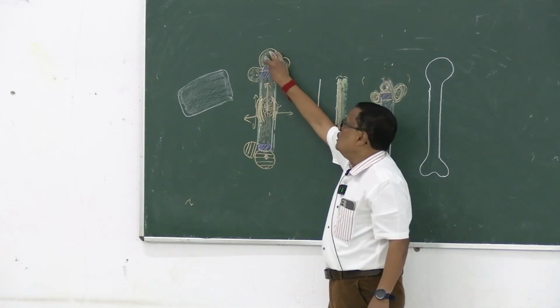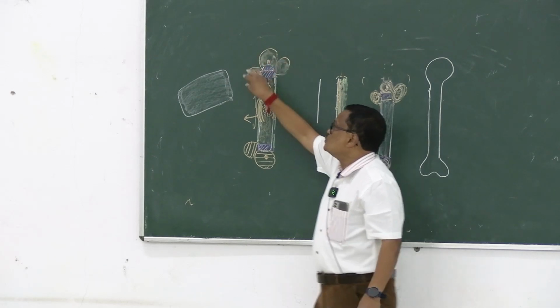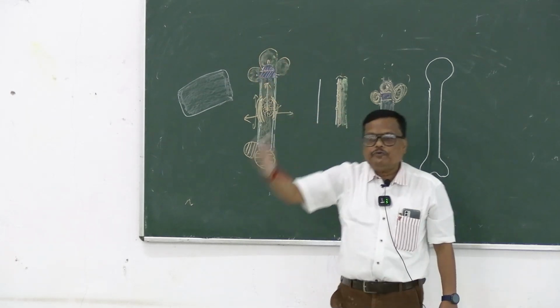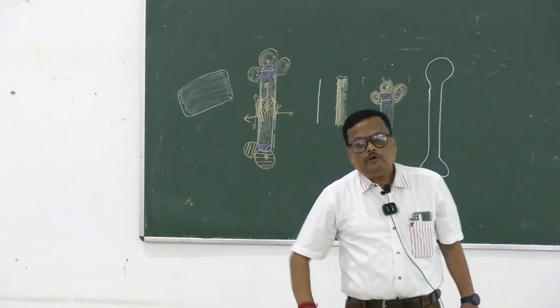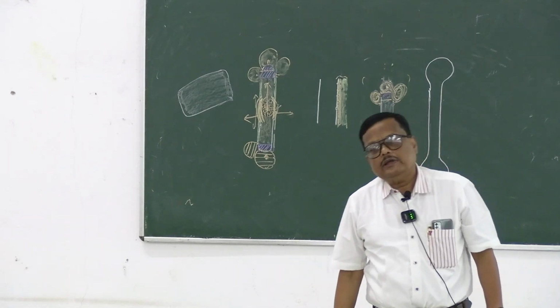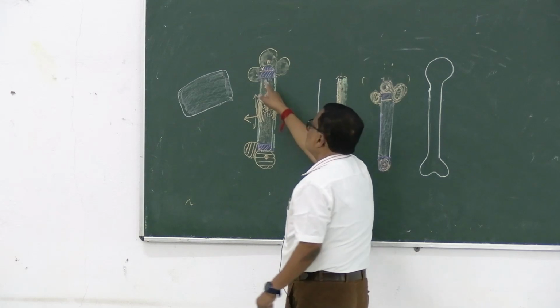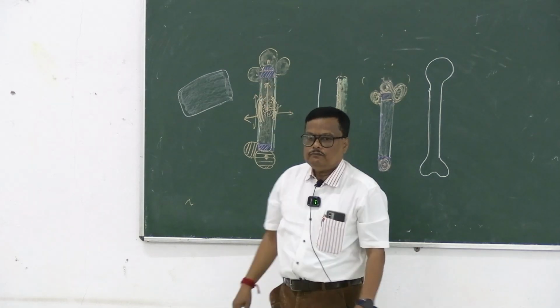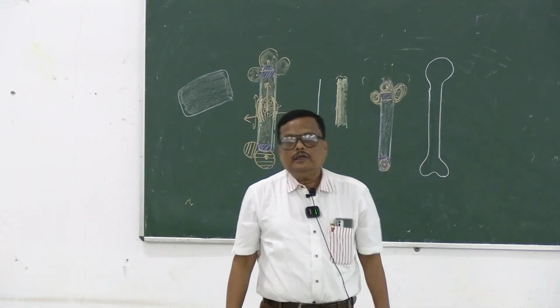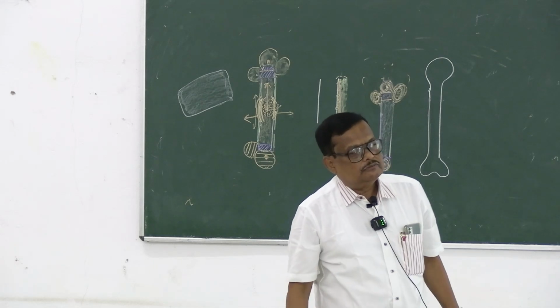A bone produced from the secondary center of ossification, we call it the epiphysis. In between them, there is a plate of cartilage. We call it the epiphyseal plate of cartilage.